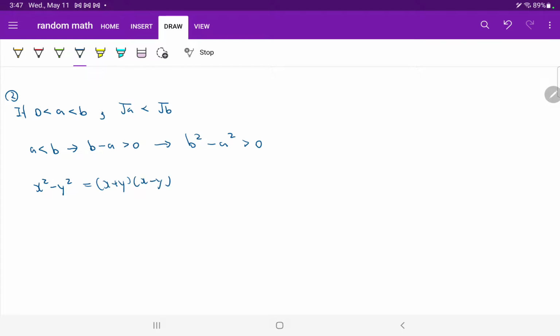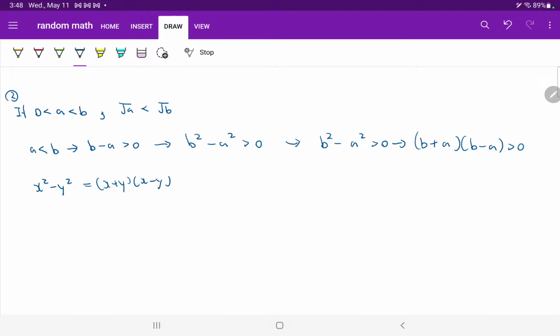So in this case, b squared minus a squared bigger than 0 becomes b plus a times b minus a bigger than 0.